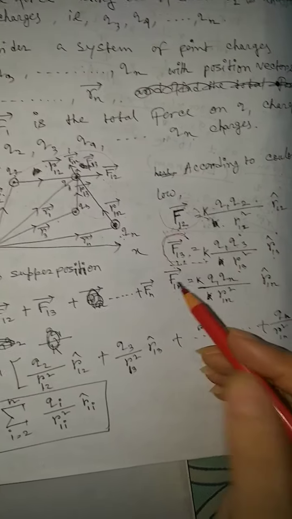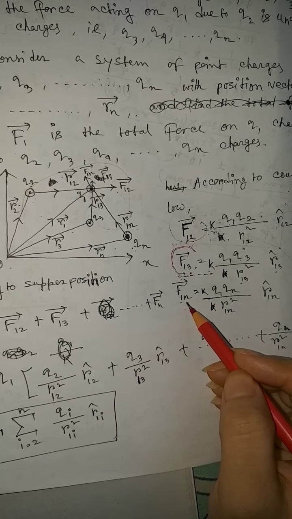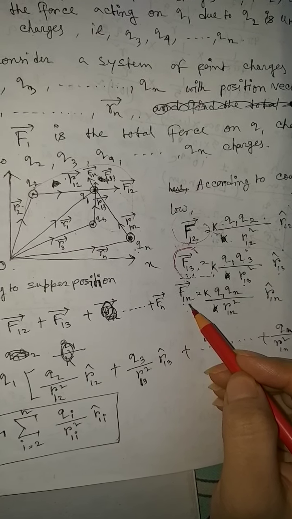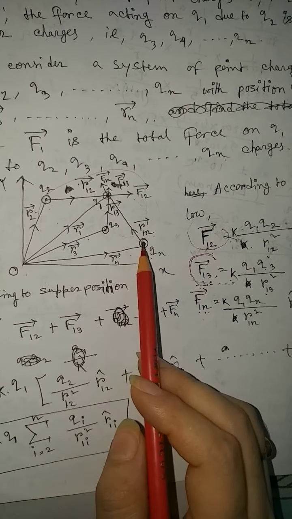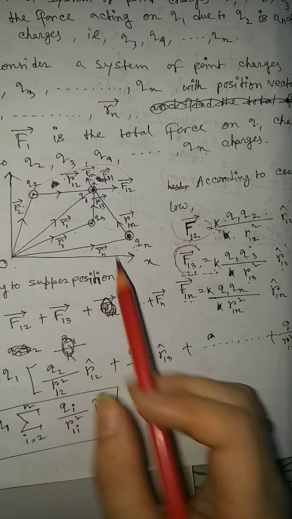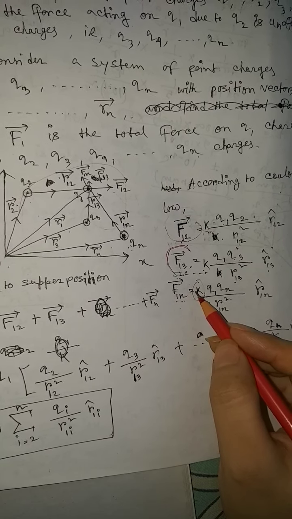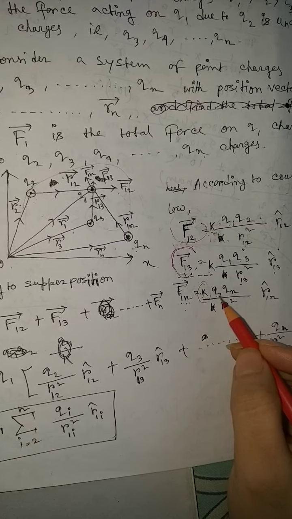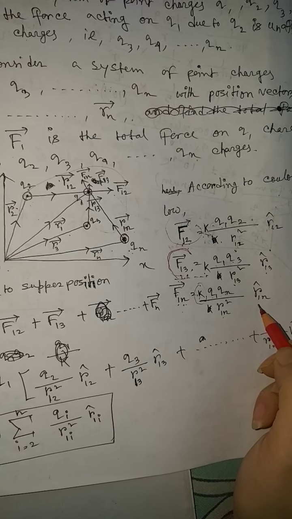Similarly, F1n indicates the force exerted on Q1 charge due to Qn charge. Again we have the proportionality constant K. So K into Q1 into Qn by R1n square into R1n cap.